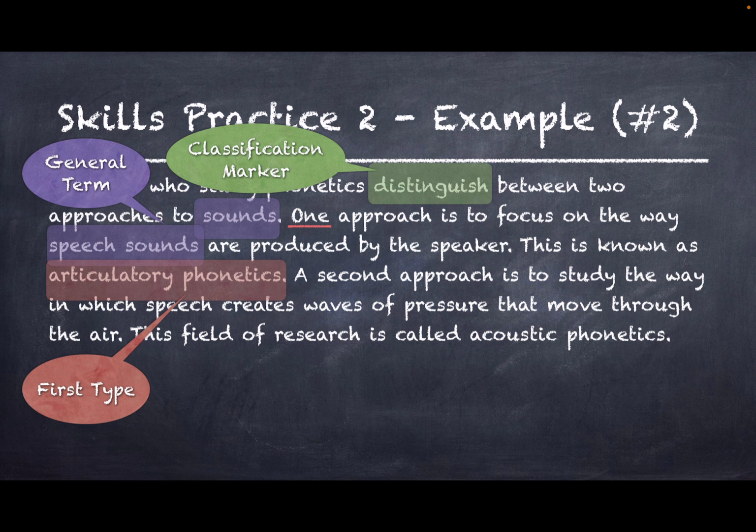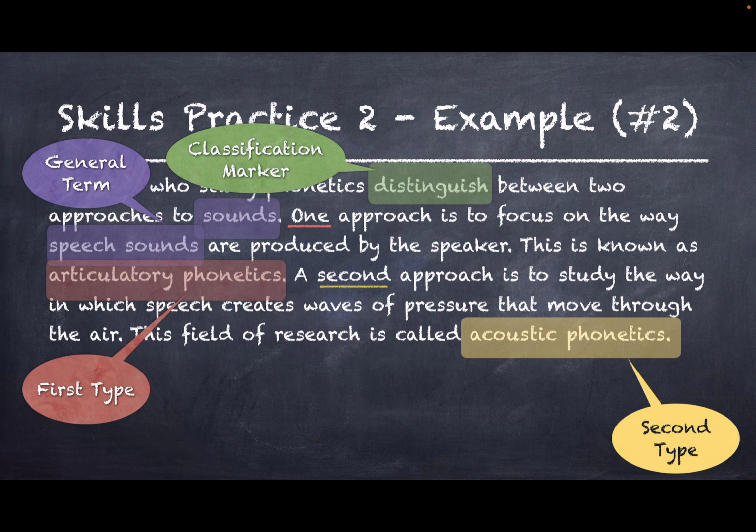Because there were 2. That's right, second. The word second tells us that that is approach number 2 or type number 2. And if we keep reading, what is the second type called? If you said acoustic phonetics, that's correct. That is the second type.